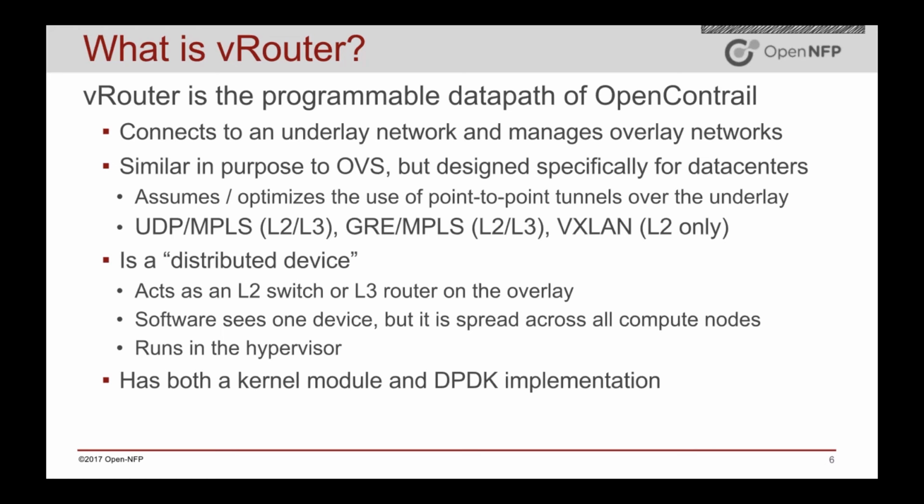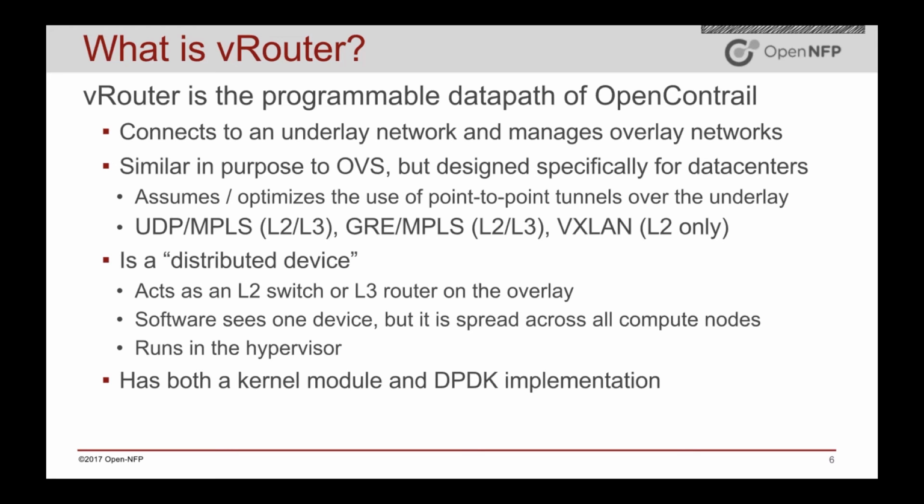It sets up point-to-point tunnels over the underlay for setting up virtual networks, and it utilizes the following tunneling protocols that are configurable by the user, by the controller. And they are all listed here: MPLS over UDP, MPLS over GRE, and then VXLAN is available for actually creating L2 only overlays as well.